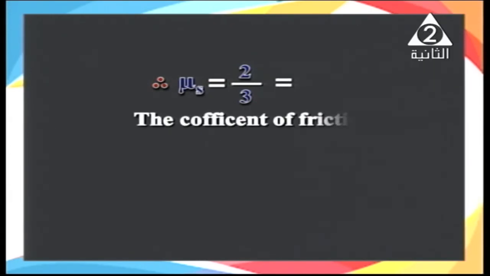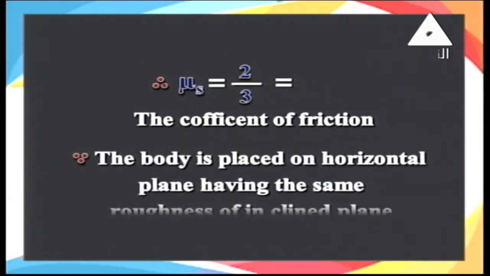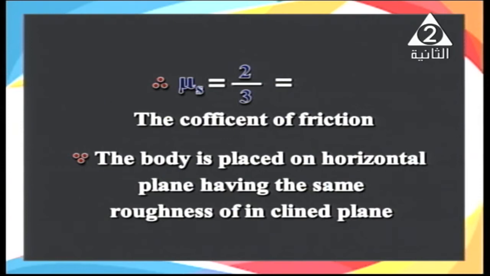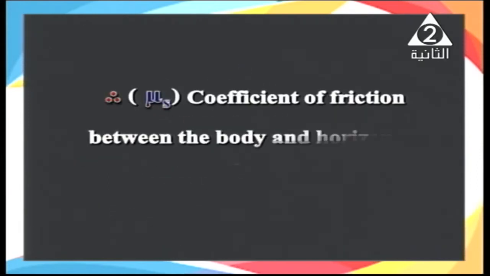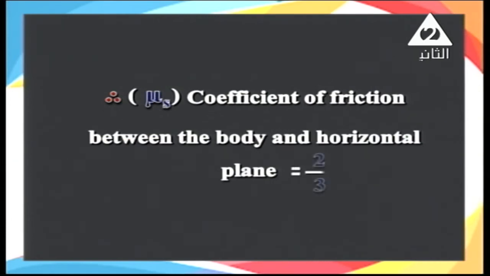Therefore, mu s equals 2/3 from the given. The body is placed on a horizontal plane having the same roughness as the inclined plane. Mu s, the coefficient of friction between the body and the horizontal plane, equals 2/3.